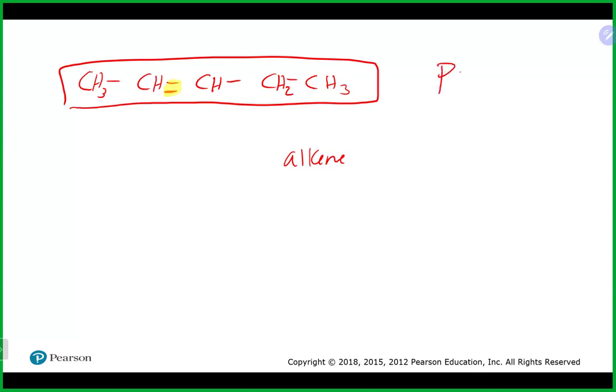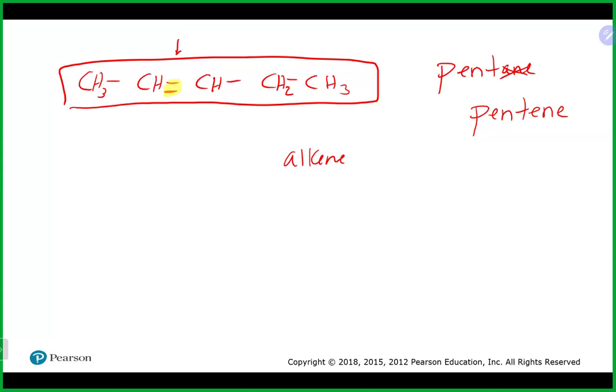So 5 carbons is based off of pentane, but because it has a double bond, we replace the back end of this, and this now becomes pentene, E-N-E. Now, what happens when you get to about 3 or more carbons, when you have a double bond or a triple bond? The priority in terms of numbering always goes to the double bond or the triple bond.